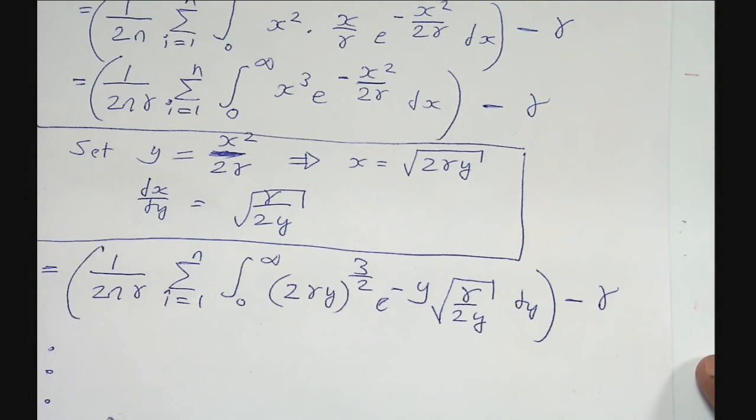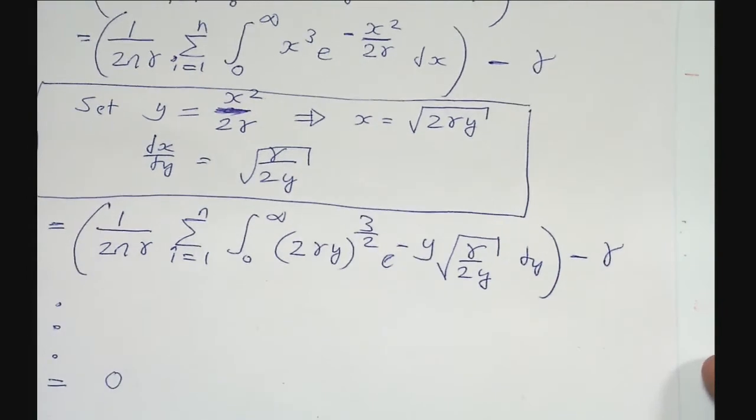After a few steps you will get this equal to 0, but to simplify this you need to use the definition of the gamma function, which I talked about a week or so ago. You remember the gamma function I talked about in the class? Yeah, you already forgot about it. I'm sure you do. You need to simplify this.